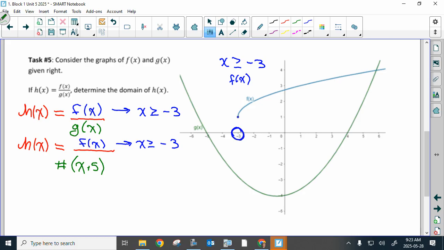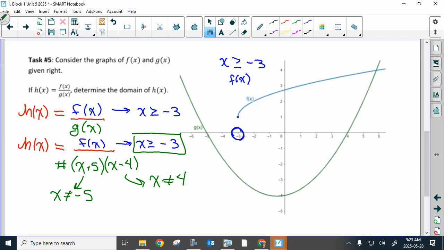There's a number here, but that doesn't impact the non-permissible values. And then x minus 4 will be the other factor. So here it says x cannot equal -5. Clearly, if we're greater than or equal to -3, we're already not going to equal -5. Do you guys get that? And then the other critical feature would be x cannot equal 4.